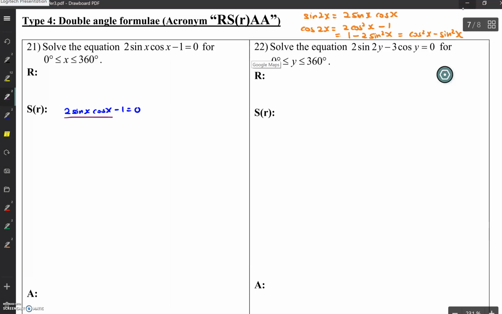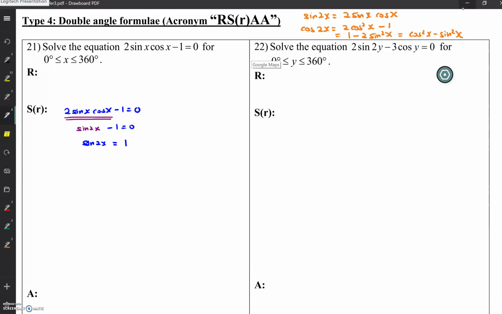You know that this one is actually just equals to sine 2x. This one equals to 0. So here, if I want to make my trigo ratio, sine, cosine, tangent or something, the subject before I do reference angle, this is what I will get. Correct? Okay, so now at this step already, then I can go back to my range.